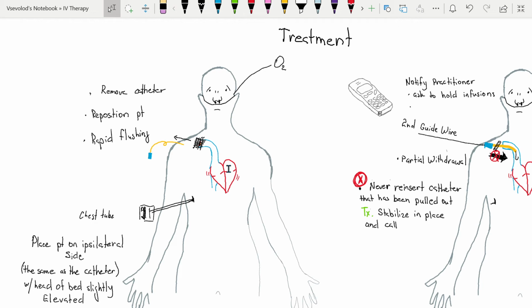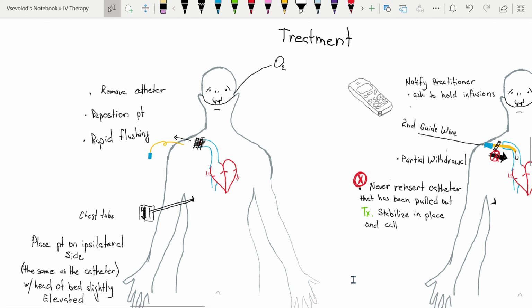Catheters can be repositioned using techniques such as flushing the catheter, or simply repositioning the patient. If complications were identified, there might be a necessity to place the patient on oxygen or insert a chest tube, as with pneumothorax and hemothorax.